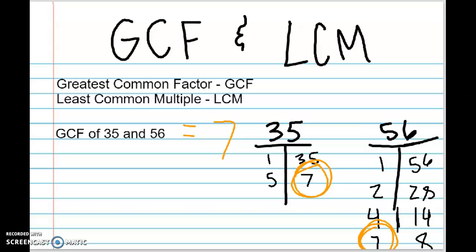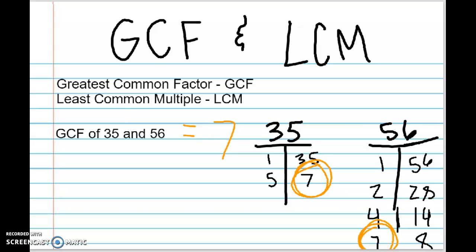That's it. That's as simple as finding greatest common factor. So please make sure you have all this written down because I'm about to move on and do least common multiple. Usually you find the greatest common factor when you're trying to simplify a fraction. So remember, if you have fractions where the numerator and denominator are big numbers, and you're looking at your STAR answer choices and you're like, I don't see my answer here.